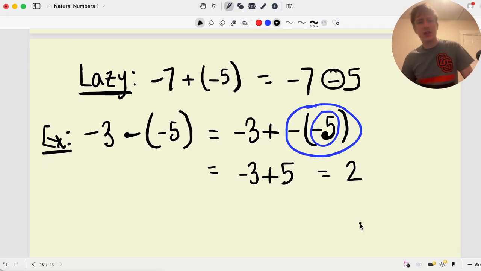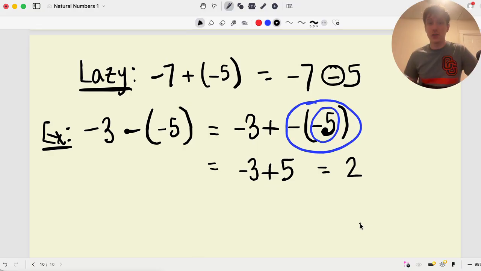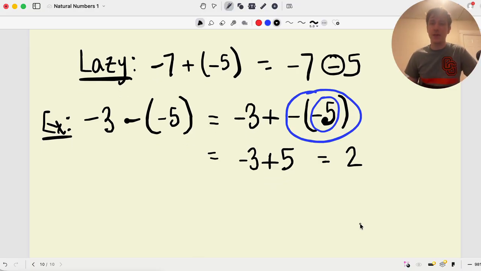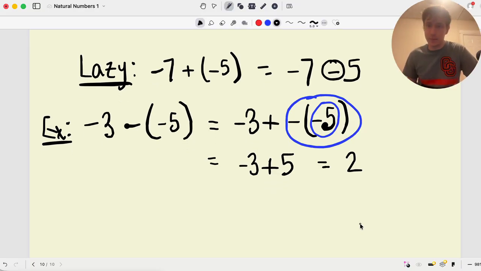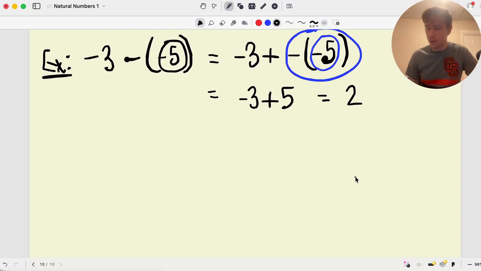Now, there's one more problem with this. Right now, we've established that there are things called natural numbers, and then we have these odd things, which I might call the inverse of the natural numbers. But here's a question for you.